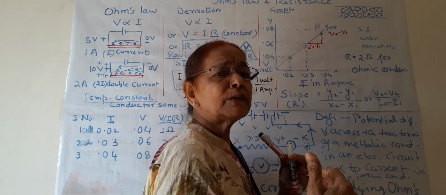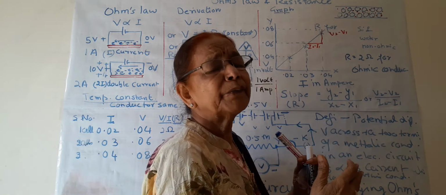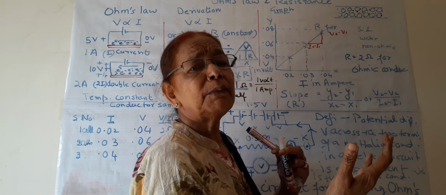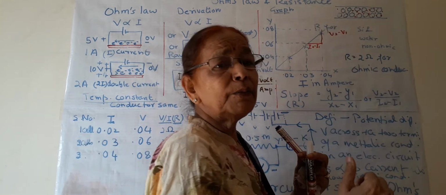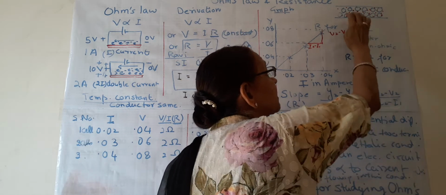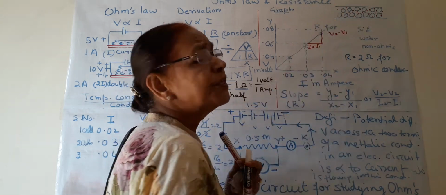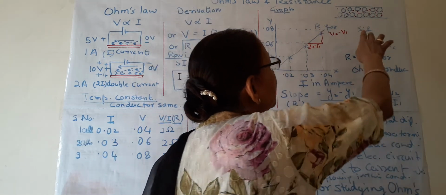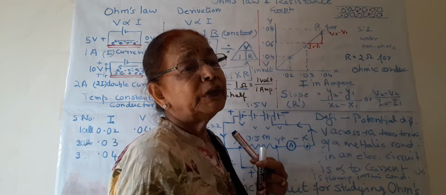And in metals also, some metals have less resistance like copper, silver or aluminium, and other metals have more resistance because their atoms oppose the flow of electrons inside them. This is resistance, which is the opposition of these atoms to the flow of current.